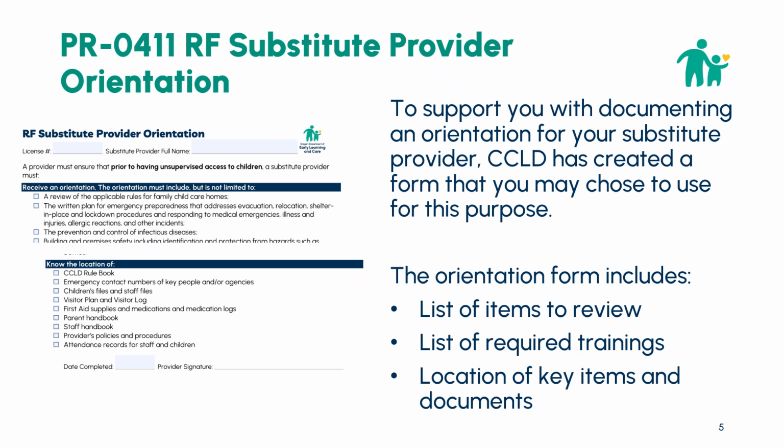The orientation form includes a list of items to review, a list of required trainings, and the location of key items and documents. You can find this and many other helpful forms on the DELC website, oregon.gov/DELC. Click on the word Resources and then enter the form number into the search box in the chart on the page below.